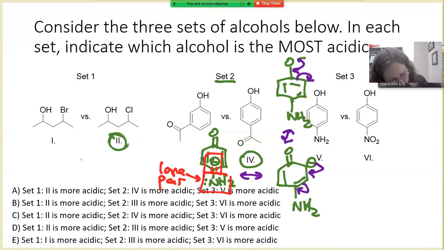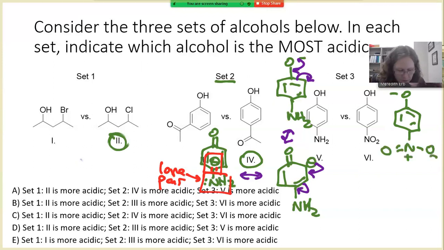Okay, well, let's draw out the resonance contributors for 6 too, just to prove to ourselves that 6 is actually going to be the molecule that's more stable when we look at its conjugate base. So let's draw out its conjugate base right here. And it's really important to think about, what does the nitro group look like? So the nitro group looks like this.